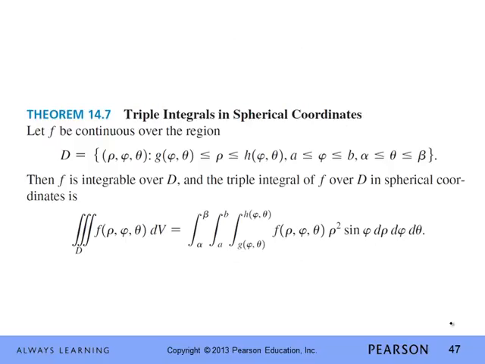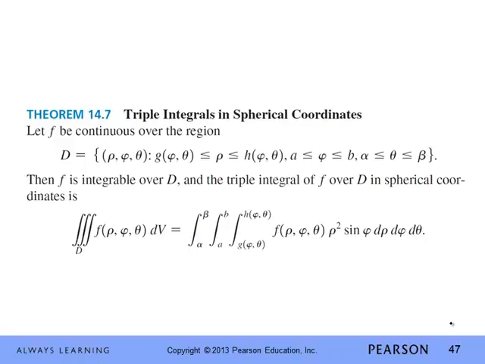All right. So we need to take a look. What does our spherical triple integral look like? Well, just like any other triple integral, you've got your three-variable function that contains your rho, phi, and theta. And then your dV element is your rho squared sine phi d rho d phi d theta.